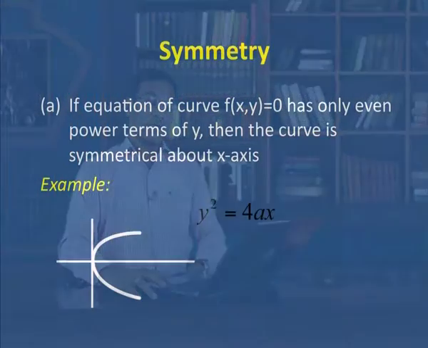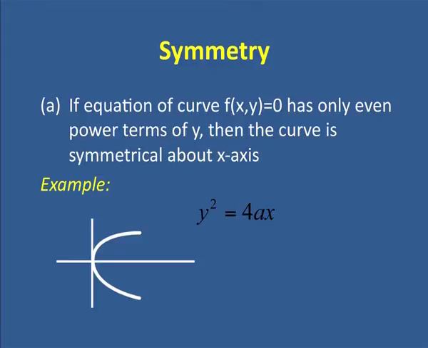Number 1 is symmetry. If the equation of a curve f x y is equal to 0 has only even power terms of y, then the curve is symmetrical about the x axis. For example, y square is equal to 4ax, the well known parabola. You all know the parabola is traced in a shape which is symmetrical about the x axis.